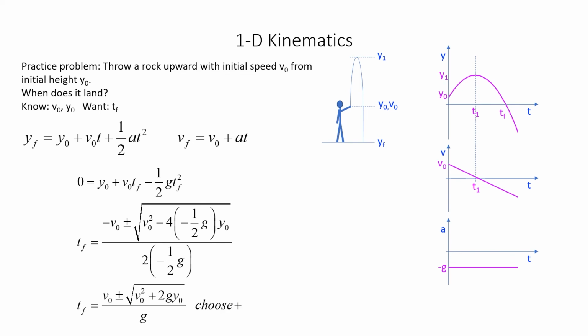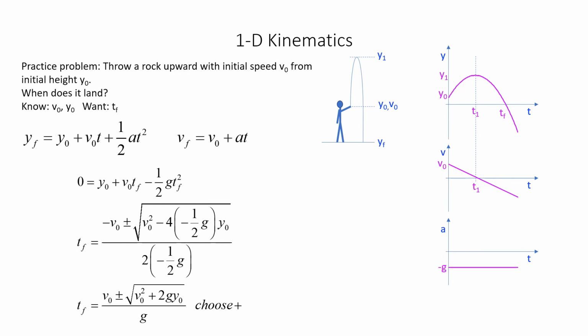I can do some simplification here. I can multiply through the negative sign and simplify the last term under the quadratic. And also I have to think about choosing the correct plus or minus term for the root function. Now I notice that the term under the square root, v0 squared plus 2gy0, is greater than v0 squared.